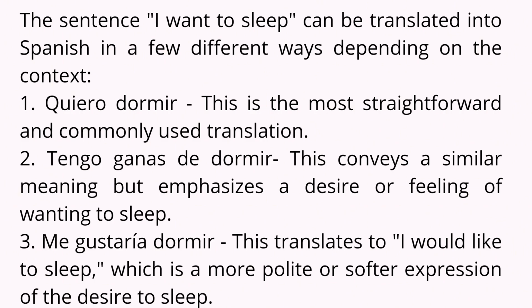This conveys a similar meaning, but emphasizes a desire or feeling of wanting to sleep. The third is "me gustaría dormir." This translates to "I would like to sleep," which is a more polite or soft expression. Even though the sentences are different, they have the same meaning.